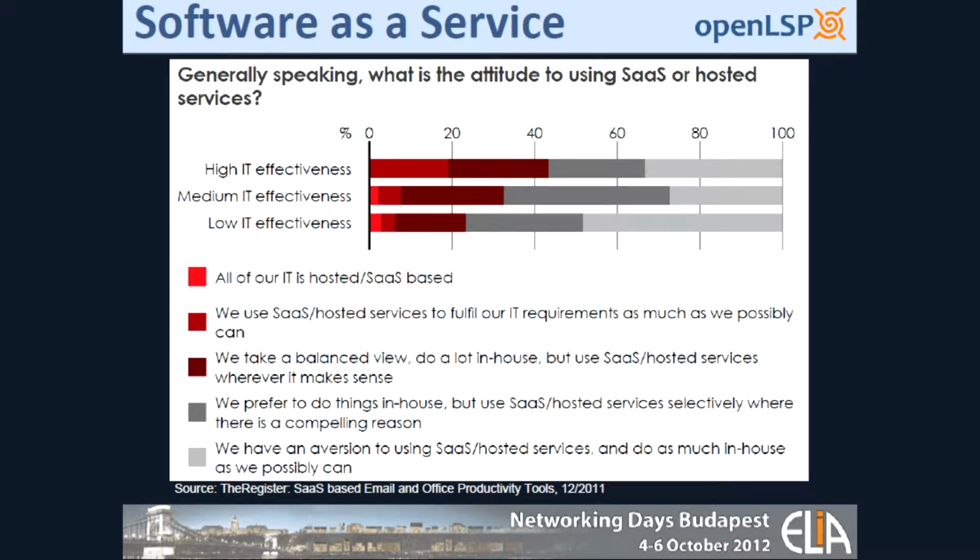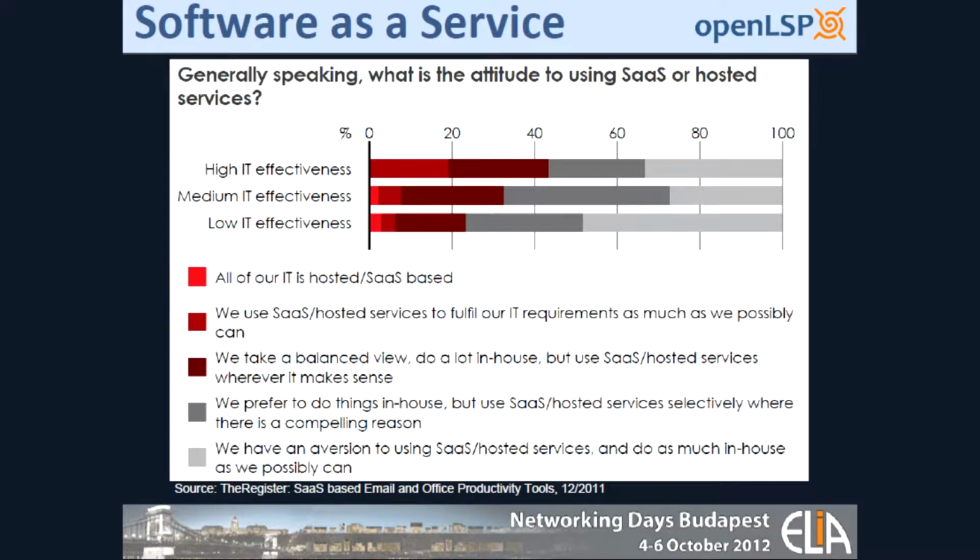So how effective is their internal IT? How happy are users with the systems that they get? How reliable are they running, and so on. And those are rated into these three categories here. The upper graph is the companies with a high IT effectiveness, and the lower graph is with the low IT effectiveness. And there's two things we can learn from that.